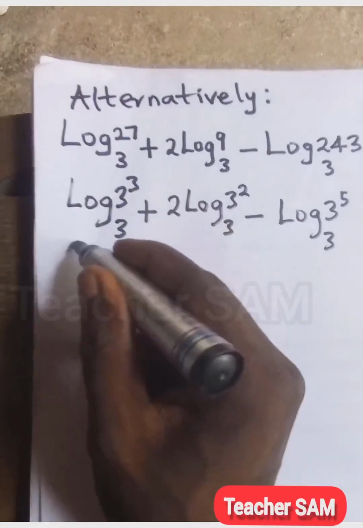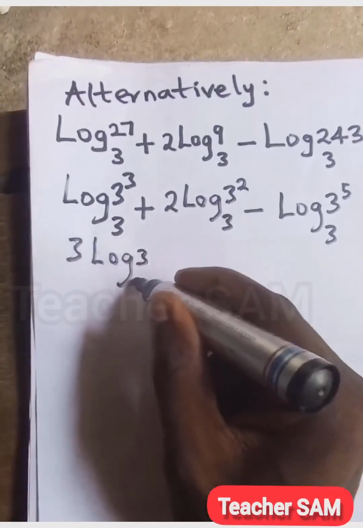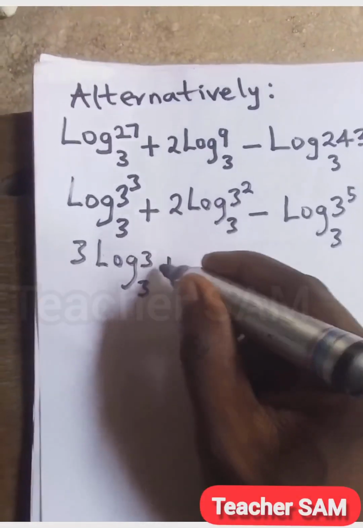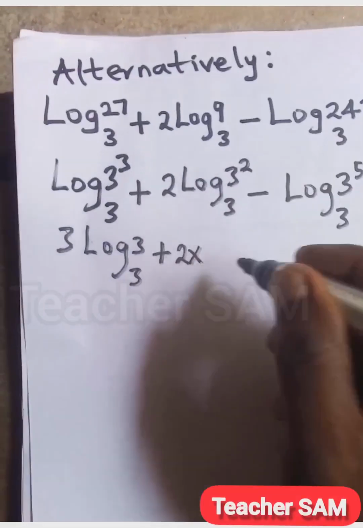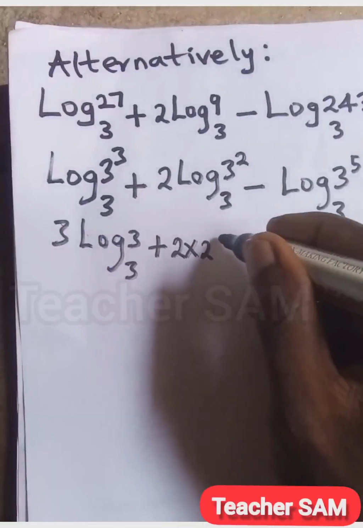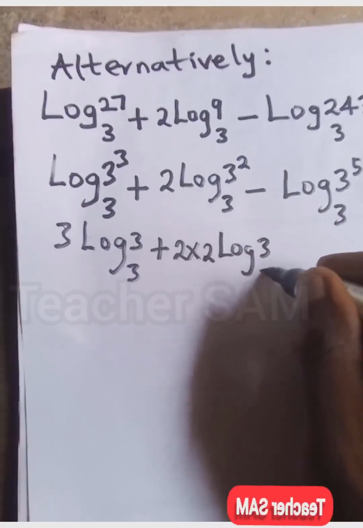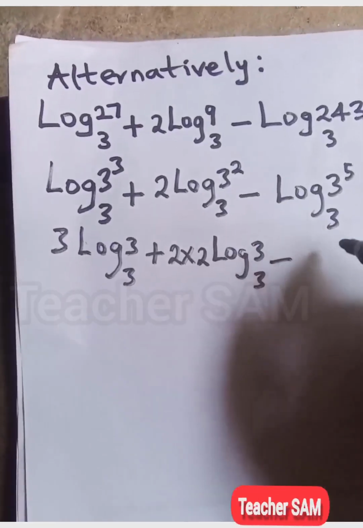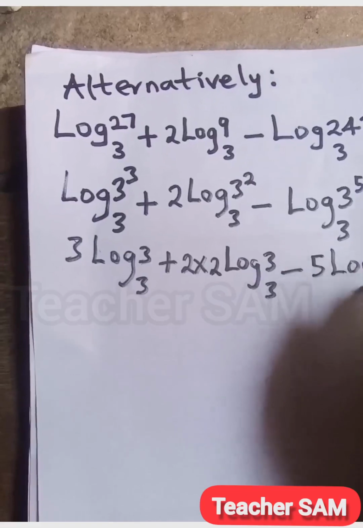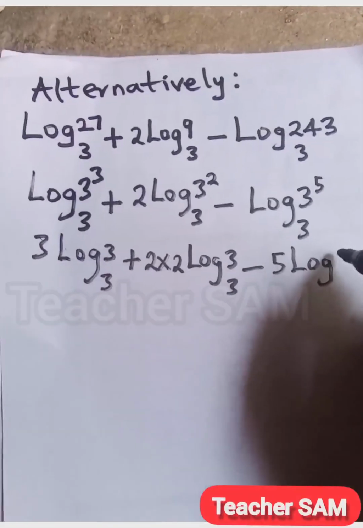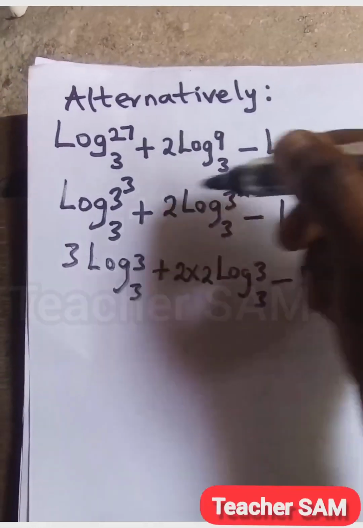So I'm bringing this out. That will be 3 log 3 to base 3 plus 2 times 2 log 3 to base 3 minus 5 log 3 to base 3. So we are bringing out all the powers.